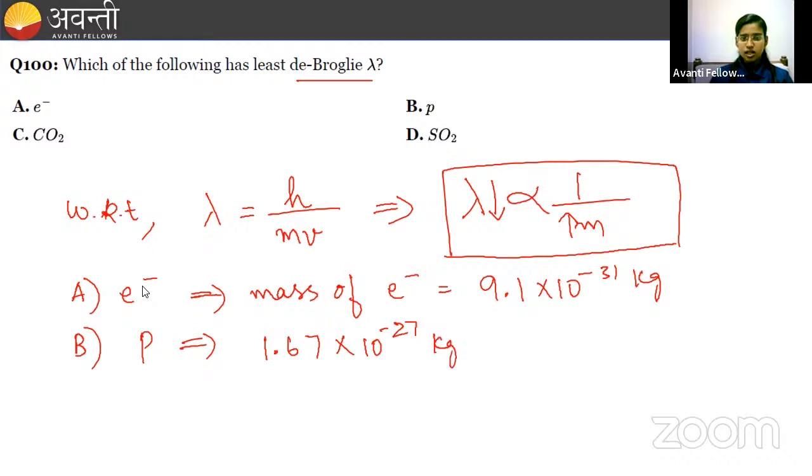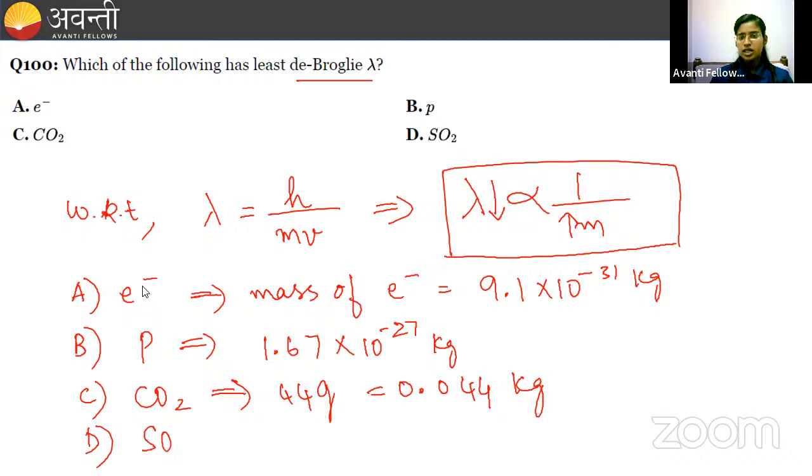Then coming to the carbon dioxide, the molar mass is actually 44 gram, which is equal to 0.044 kilogram. Then coming to option D, we have sulfur dioxide, whose mass is 64 gram.